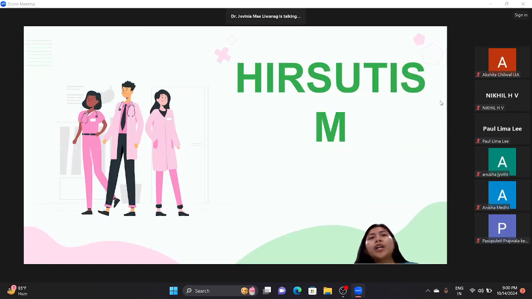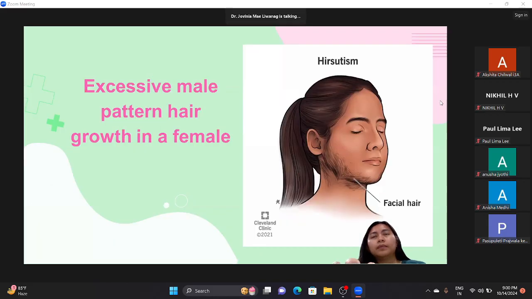So hirsutism. What is hirsutism? Basically, it's excessive male pattern hair growth in a female. As you can see in the illustration, this facial hair is usually not seen in a female patient. Usually this is for males. So if you see a patient with excessive male pattern hair growth in a female, that's hirsutism.